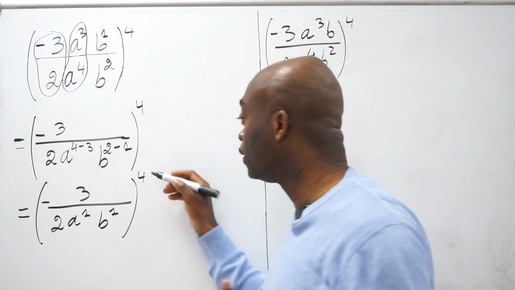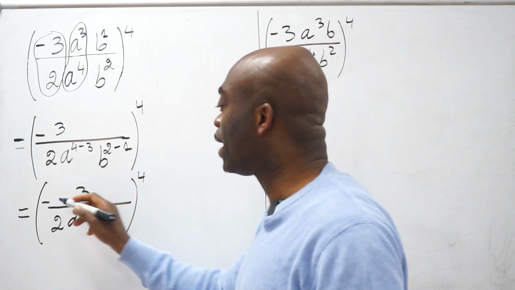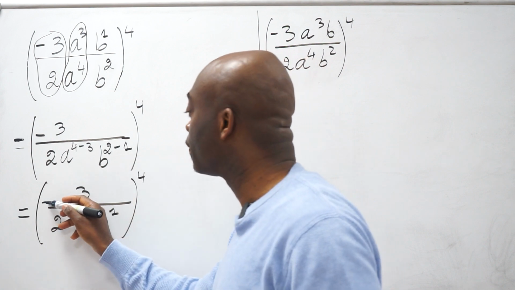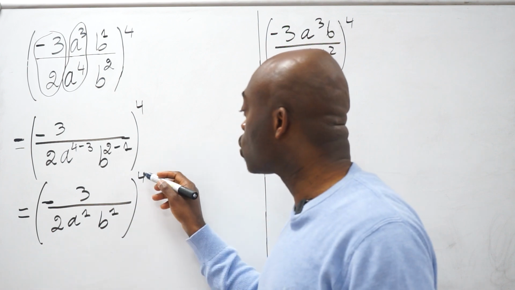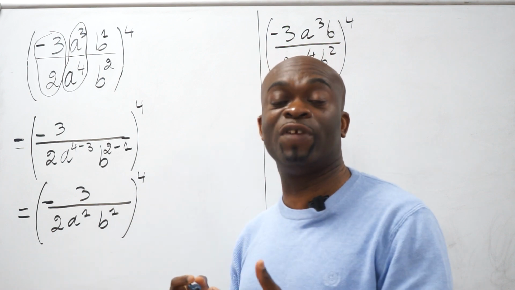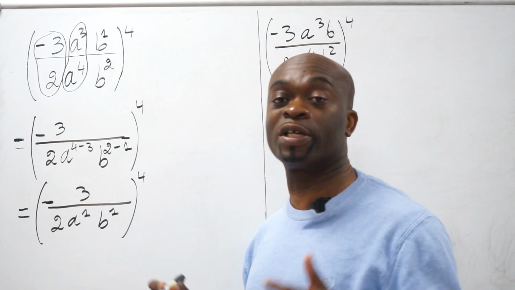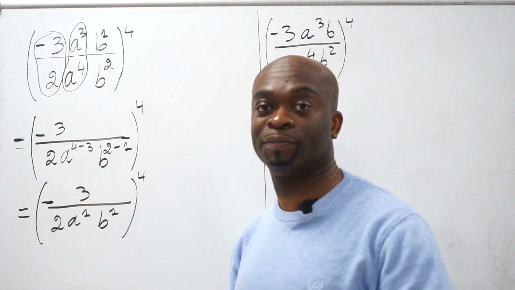Now we're going to apply the power 4. And how do we do that? Remember, this one now has a negative sign here, okay? Because of the negative sign, you have to be careful because you have to work it out. So now the power here is 4, which is an even number. If you have 2, 4, 6, 8, 10, 12, for example, even numbers, automatically the negative sign becomes a positive sign.